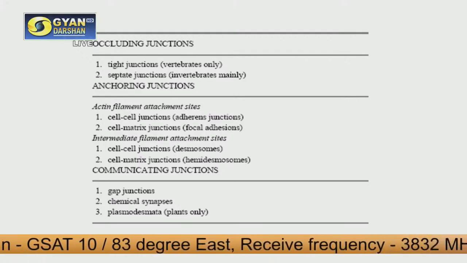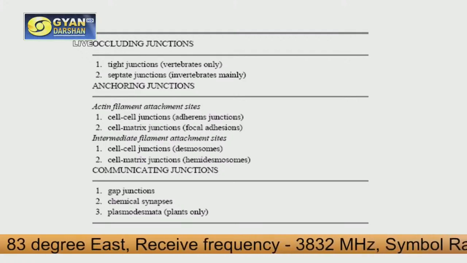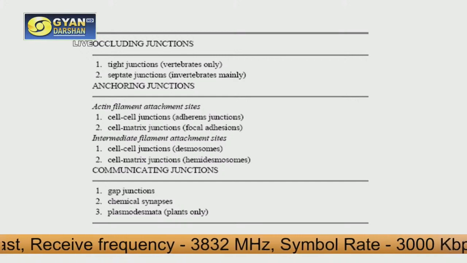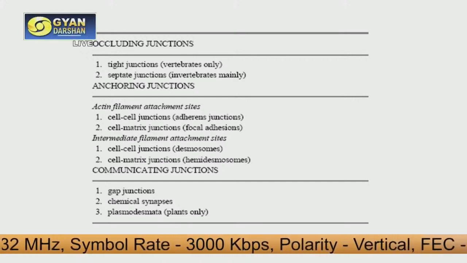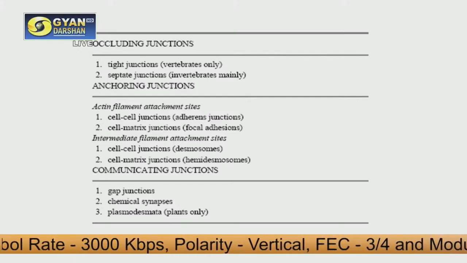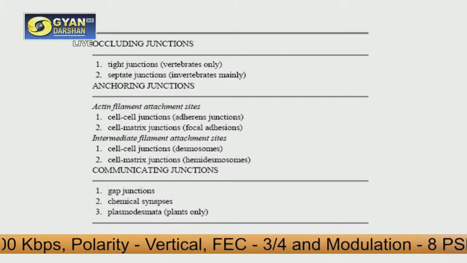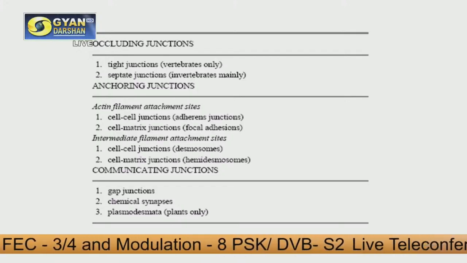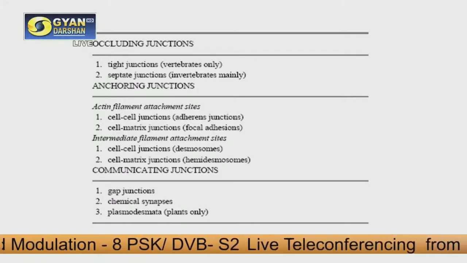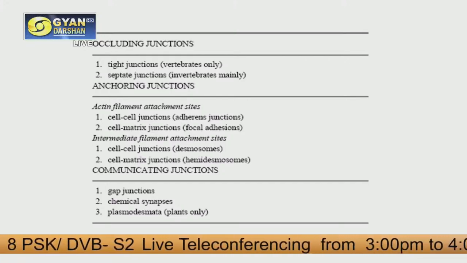Also, apart from actin, there is another cytoskeletal element, that is intermediate filament, and the cell also needs to connect with the intermediate filaments. So in this case, like desmosomes or hemidesmosomes, the cell will interact not only with the actin but also with the intermediate filaments.